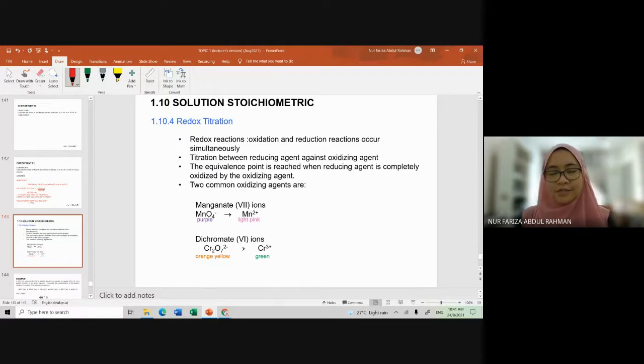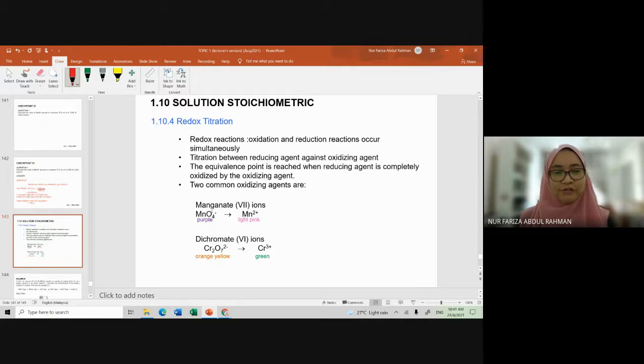Okay, for acid-base titration just now, we may have our indicator like phenolphthalein. For redox titration, the chemicals used, the reducing agent and oxidizing agent itself, have a color. Dia sendiri colored solution.